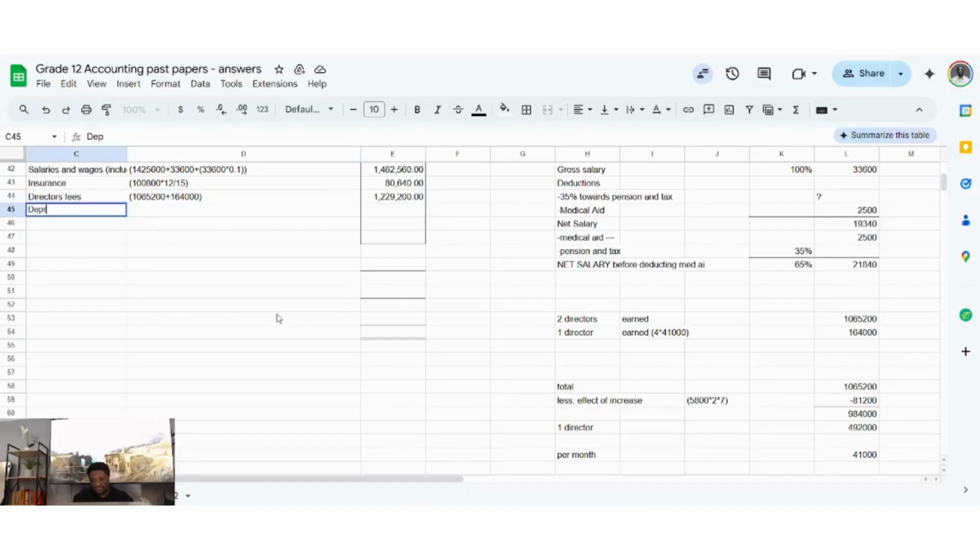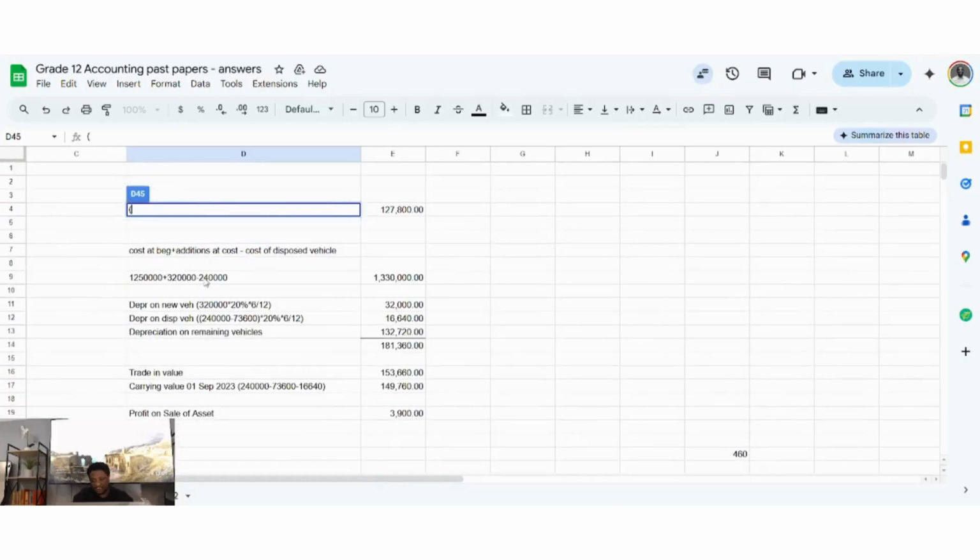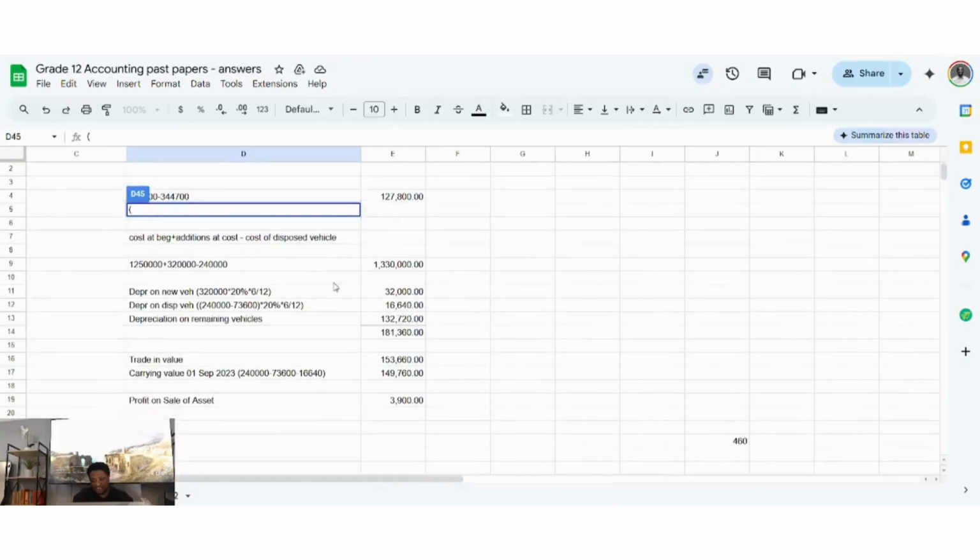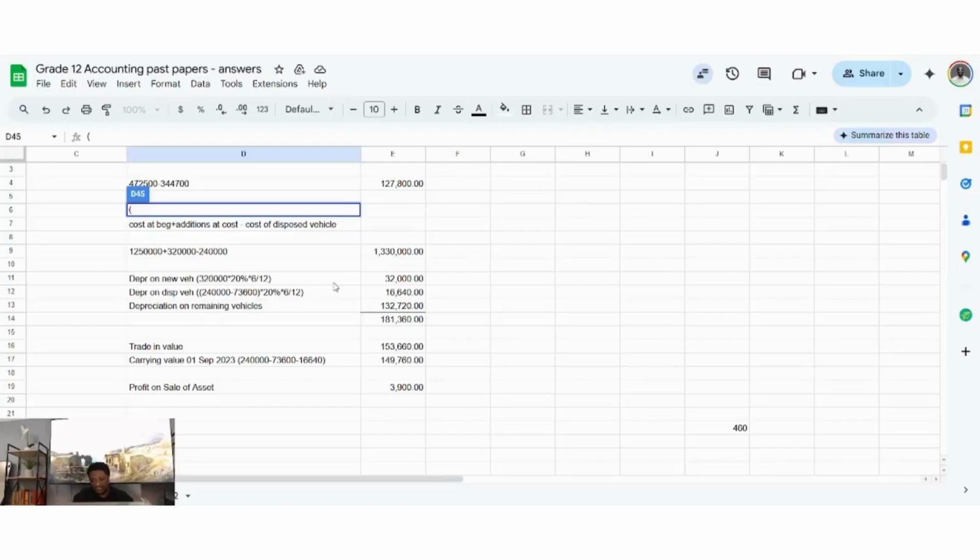So the first thing that you're going to consider is depreciation. Remember that our depreciation, we already did calculate this. We just need to go above in the information. The first question was the depreciation on equipment, which is 127,800. And then we calculated depreciation on vehicles, which was 181,760.